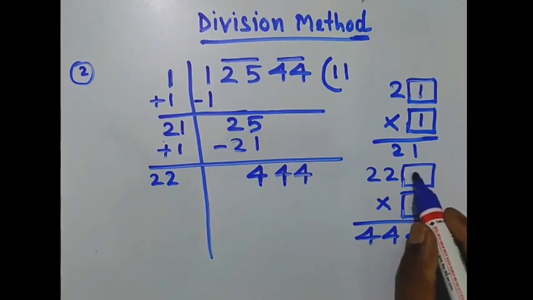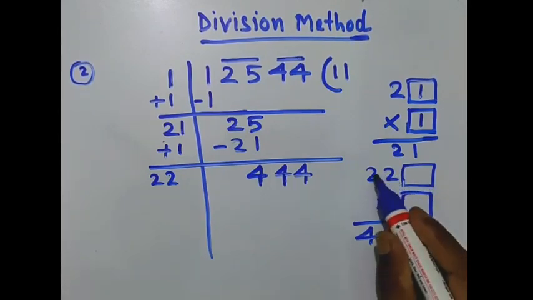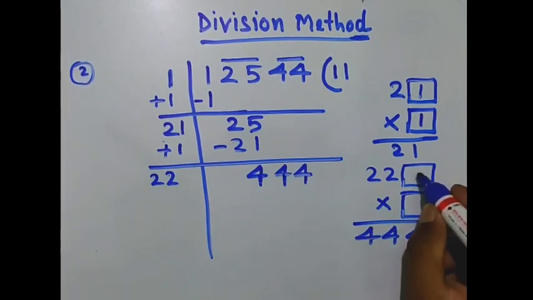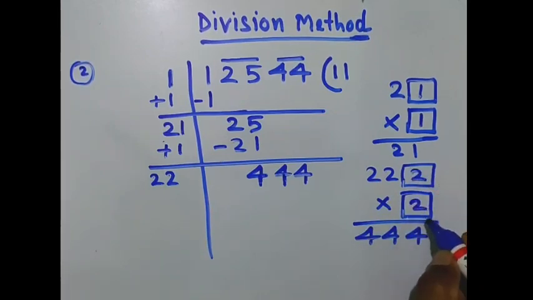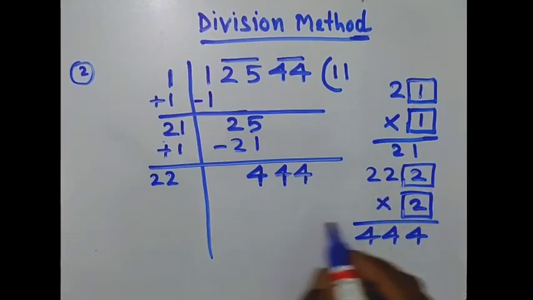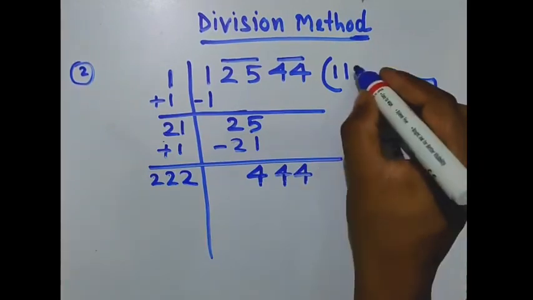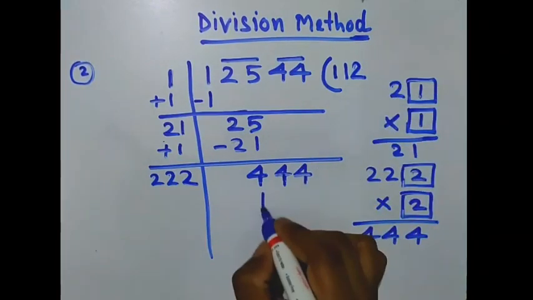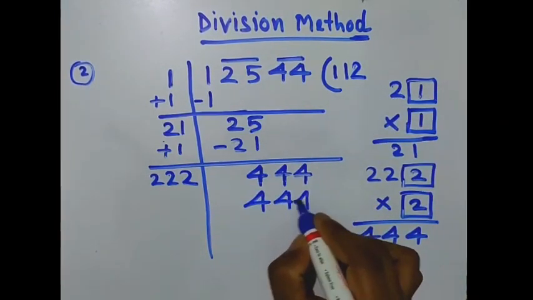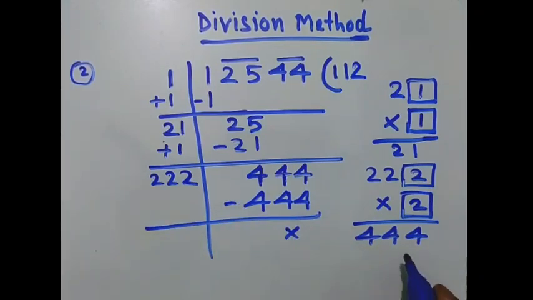If I put 2 here, then 222 times 2 will give us 444, and we subtract, and there will be no remainder left, 0.